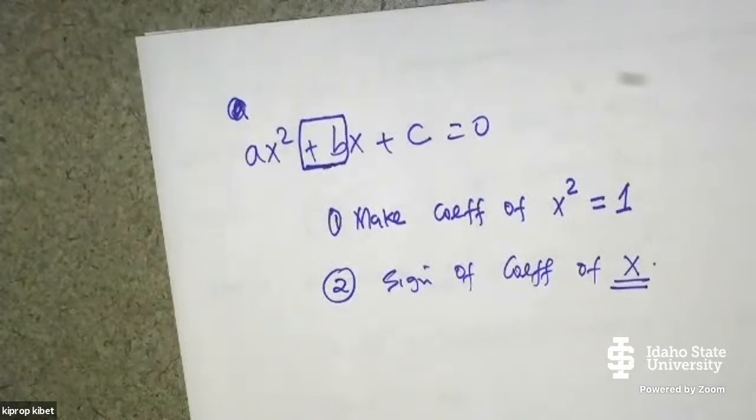So you make sure that the coefficient of x squared is 1, then you take the constant to the other side, identify the coefficient of x with its sign, halve it, square it, and add to both sides.